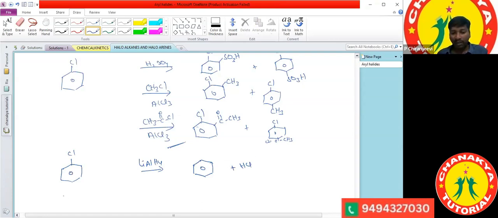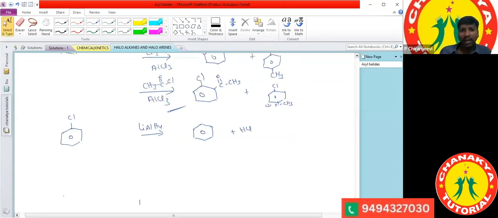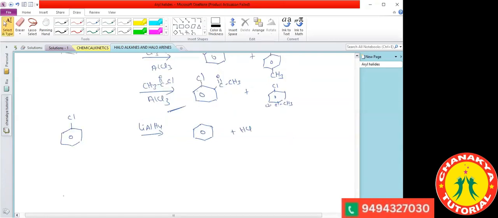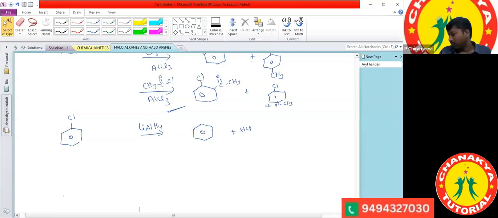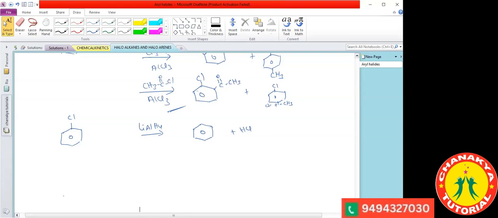Similarly, some named reactions are there. We already studied the Wurtz reaction. What is meant by the Wurtz reaction? In the chemical properties of haloalkanes we studied, sodium metal reacts with alkyl halide.